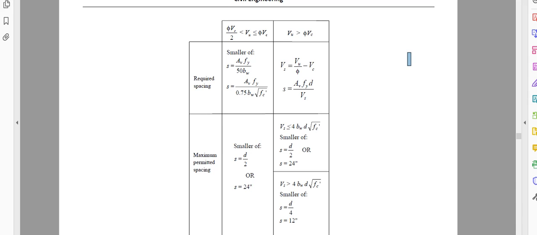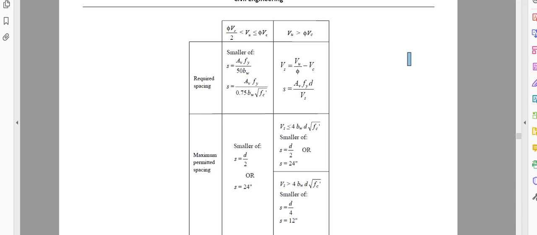How to find it? Av, you will assume a number of bars and then calculate the area. Fy typically known, d known, Vs you will calculate here. So this is the required spacing by calculation. This is the maximum allowable. Now if your Vs is less than this equation, you have to calculate that also.